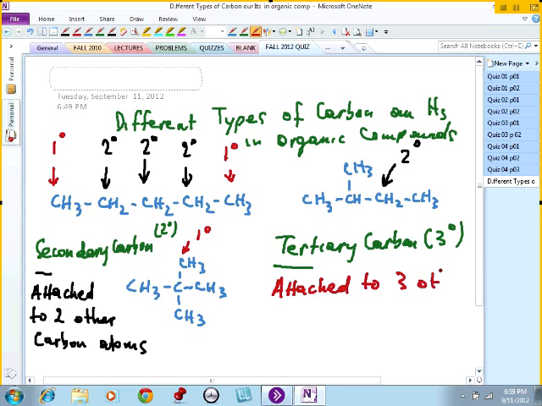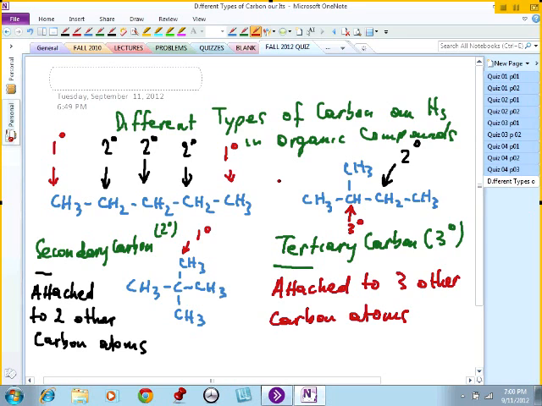So in this molecule here, this is the tertiary carbon right here. Do we have any tertiary carbon in all of these other molecules? No, that's the only tertiary carbon we show. And the hydrogen that is attached to a tertiary carbon is called what? Tertiary hydrogen.